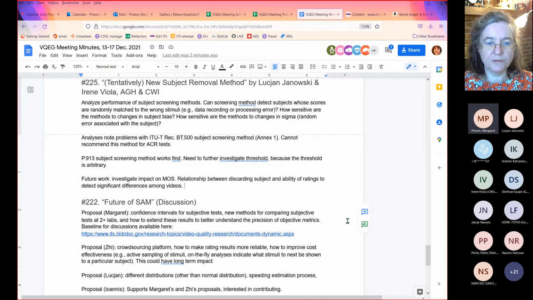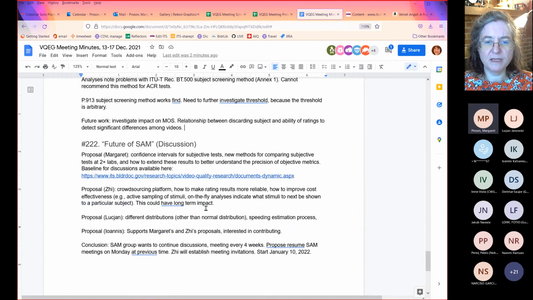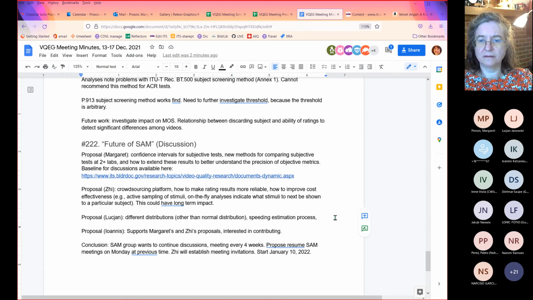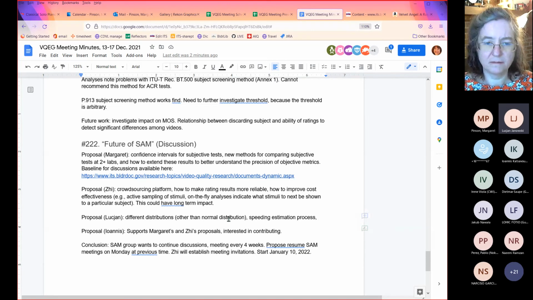On the future of SAM, I was not able to get all of your proposal there. Could you add some text here? Different distributions.